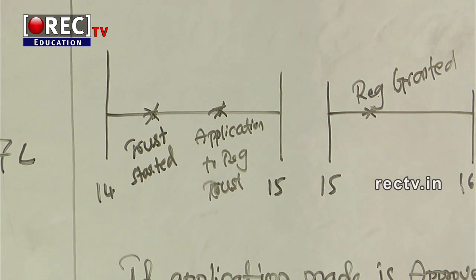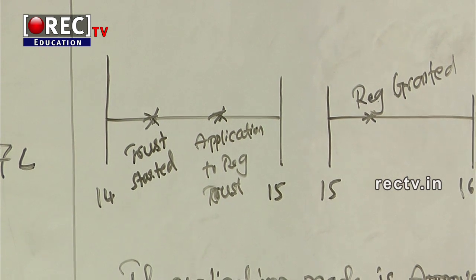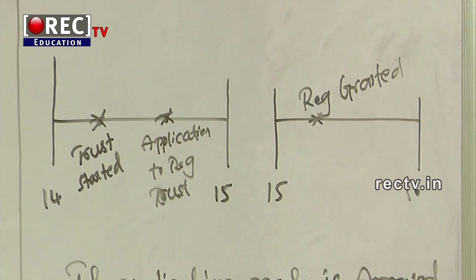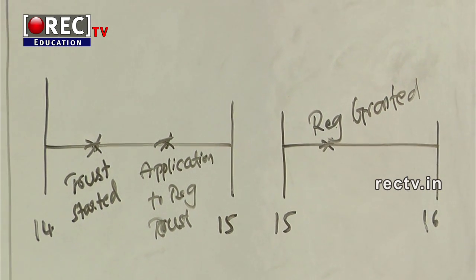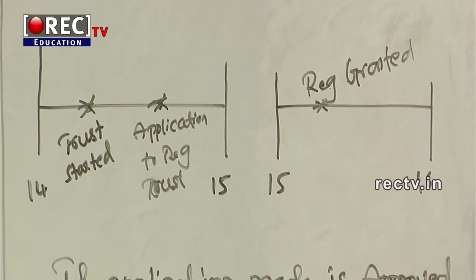In that, star 1 indicates trust started, and star 2 indicates an application for registration of the trust. That is, the trust made an application to the income tax department for its registration, and in the next year, that is 15-16, the Commissioner of Income Tax approved and registration was granted.